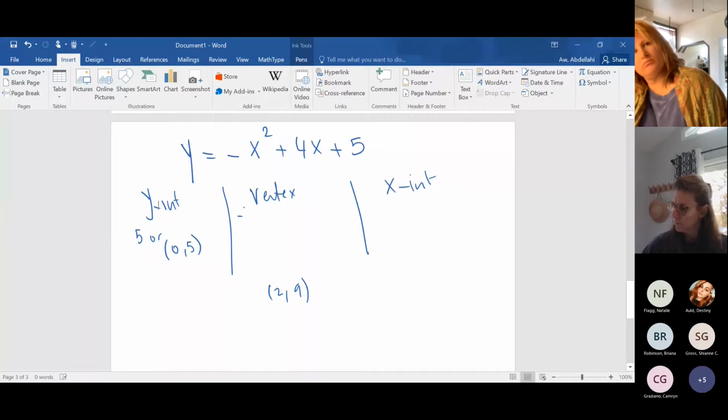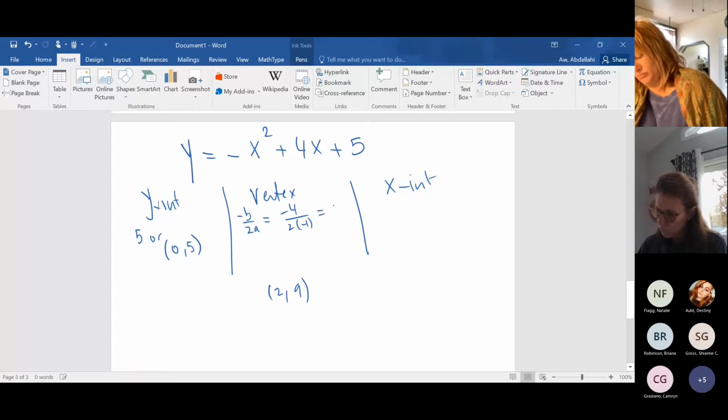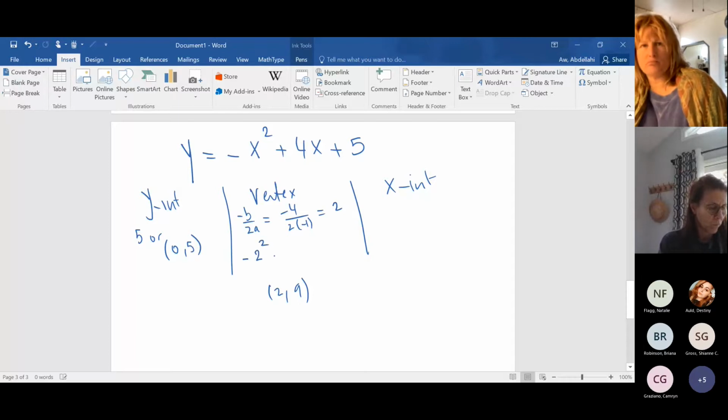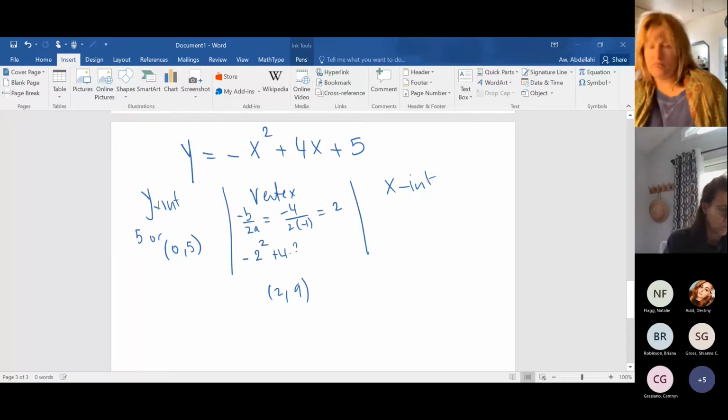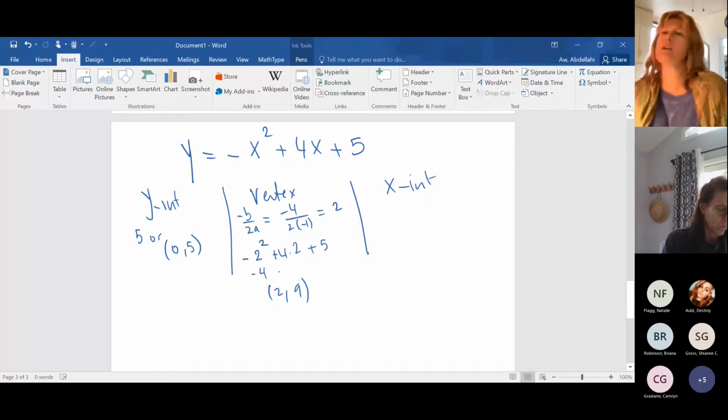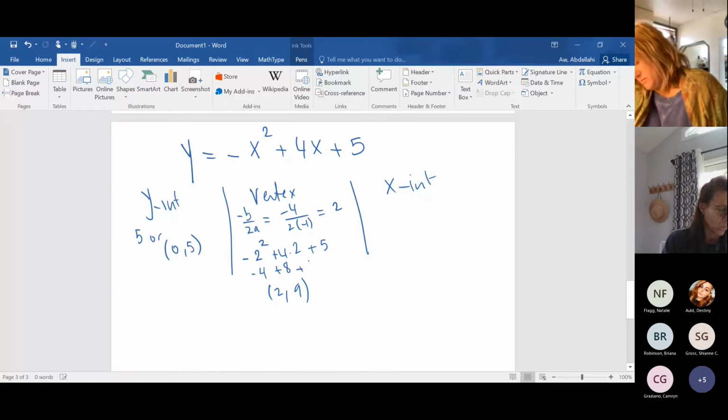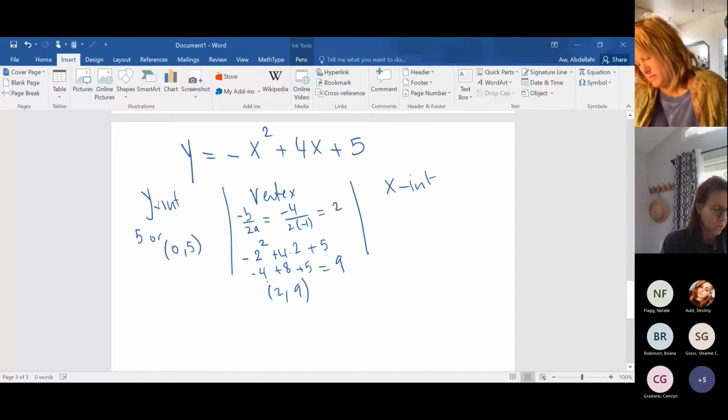We say negative b over 2a, which is negative 4 over 2 times negative 1, which is 2, right? Yep. And then we say negative 2 squared plus 4 times 2 plus 5. That is negative 4 plus 8 plus 5, which is 9, right? Yes. So the vertex is 2,9.